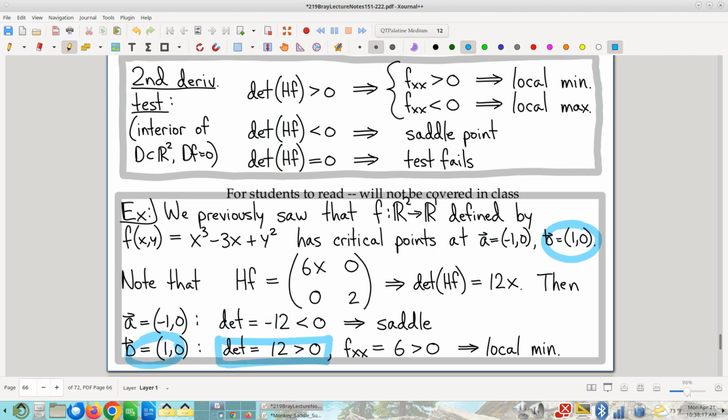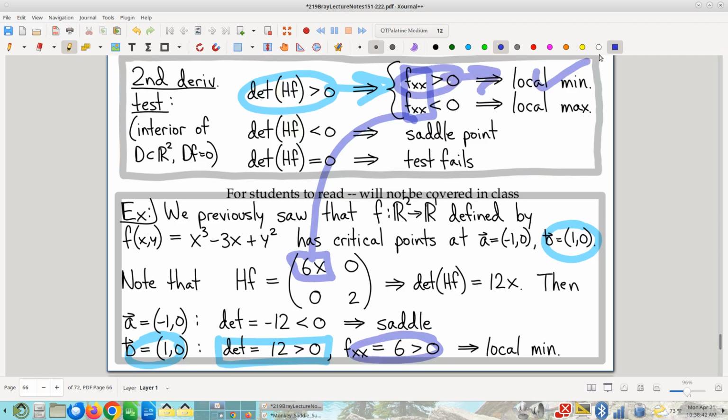That Hessian determinant's positive. Yeah, that means I have to go further. Apparently I need to look at fxx. Fxx, of course, is that right there. When you look at that value, do you get positive or negative? Well, we get positive. Positive means local min.